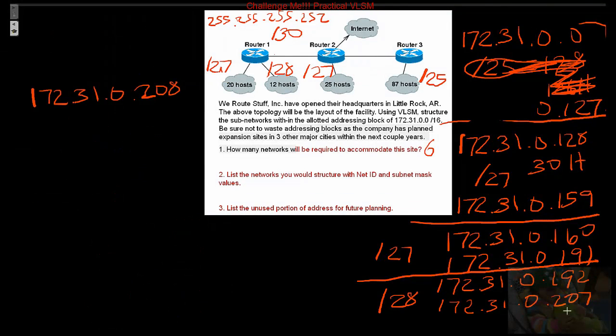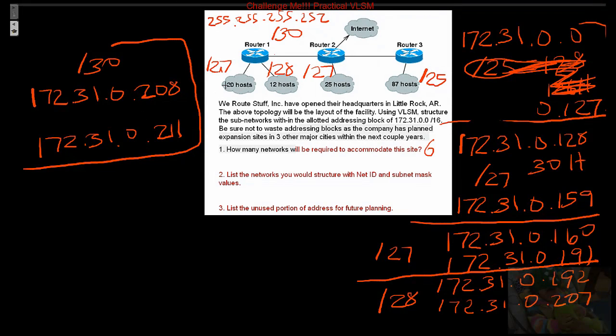Just took this guy, our next network address was 208, and I said we're going to go with a /30. It's going to give us a network of 172.31.0.208 to 172.31.0.211.